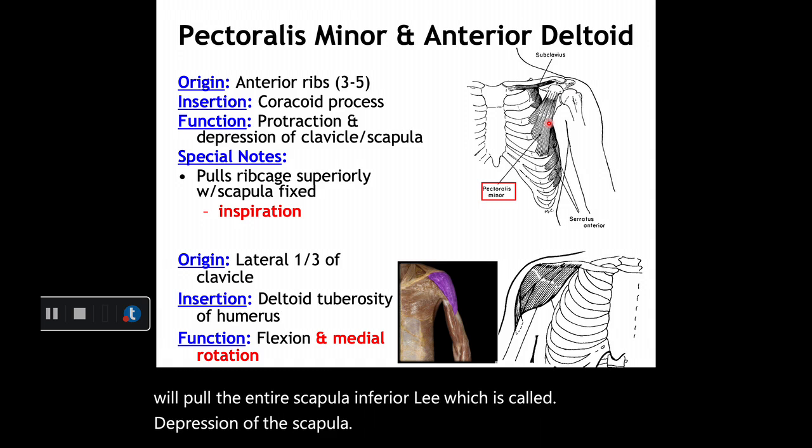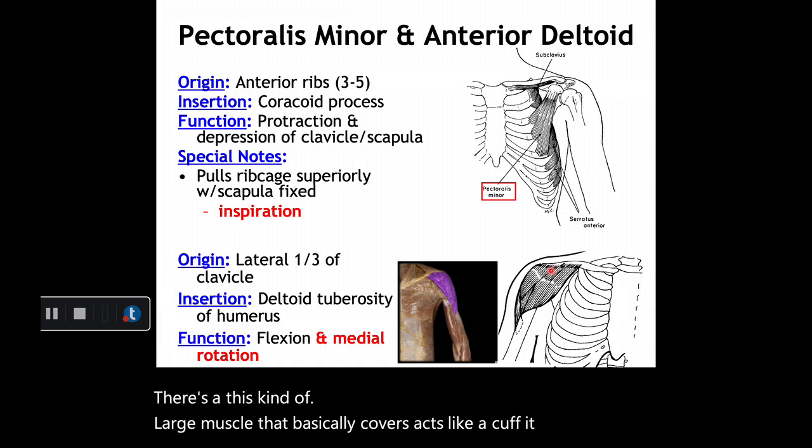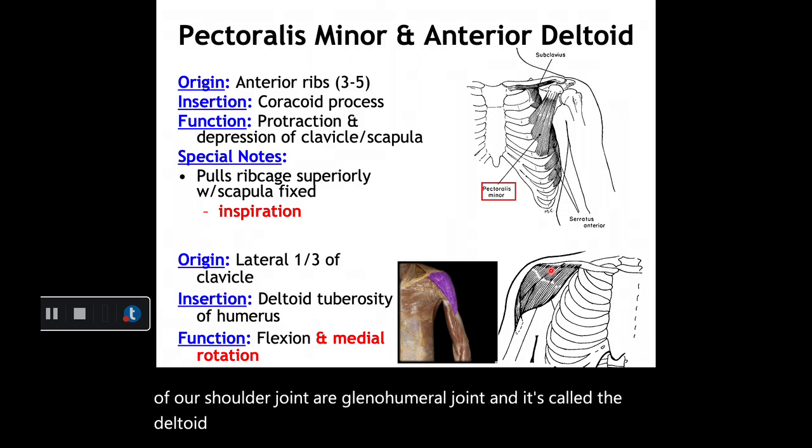All right. And then there's this kind of large muscle that basically acts like a cuff. It covers the top of our shoulder joint, our glenohumeral joint. And it's called the deltoid muscle, and it's got different bellies to it, like a lot of different muscles.